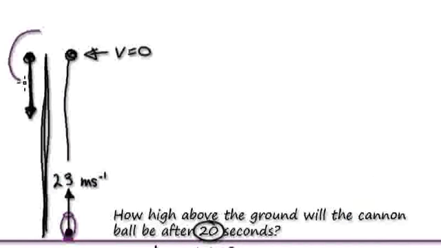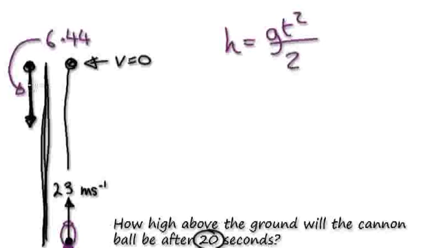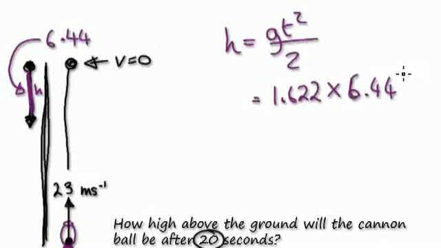This free fall will be for 6.44 seconds. Because anything that's free falling, you can use the formula g t squared over 2, where h in this case is this length here. Gravity is 1.622, times the time squared, 6.44 squared, all divided by 2.